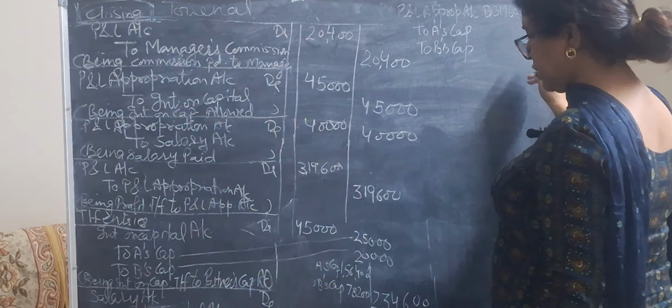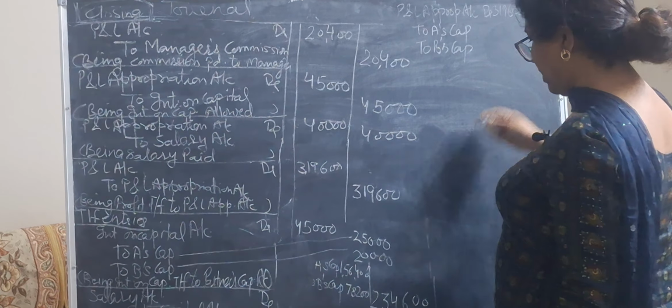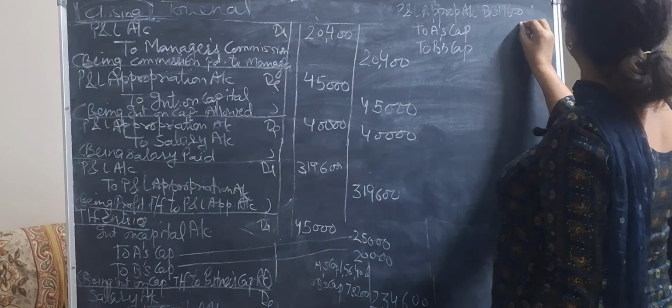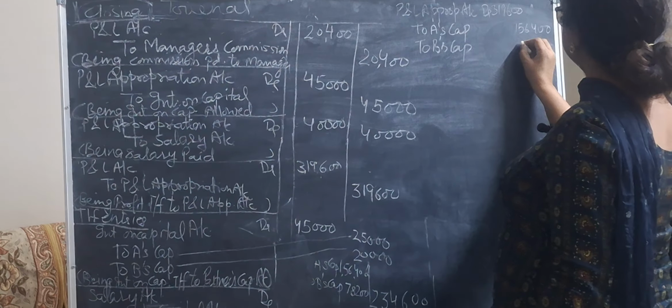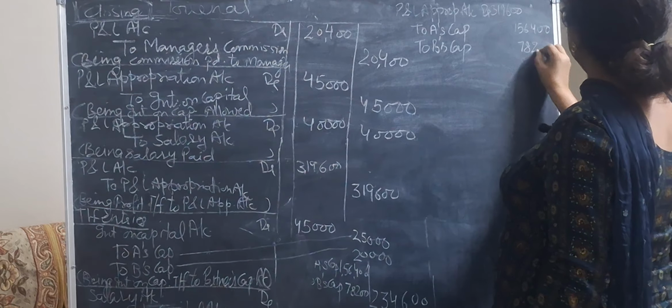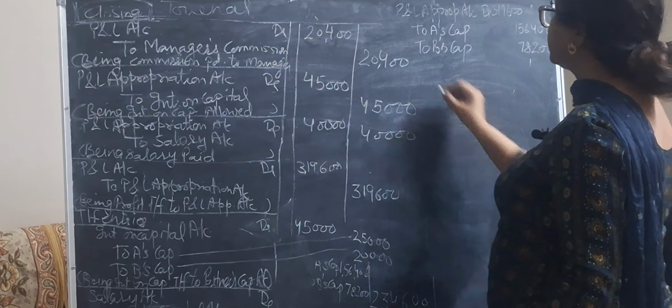A's capital is, it is 2:1, so A's capital is 1,56,400 and B's capital is 78,200, right?